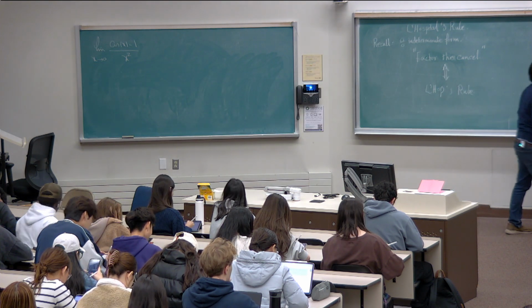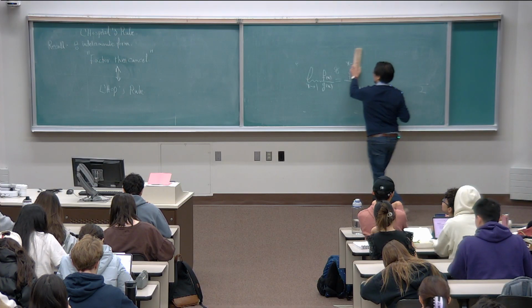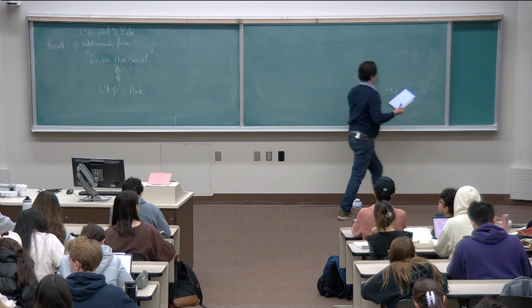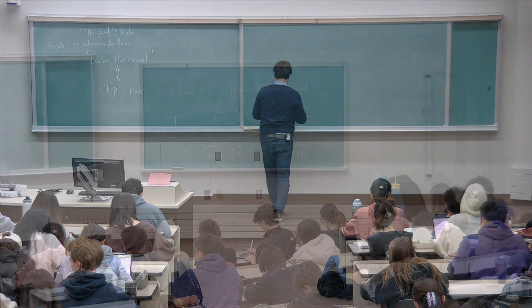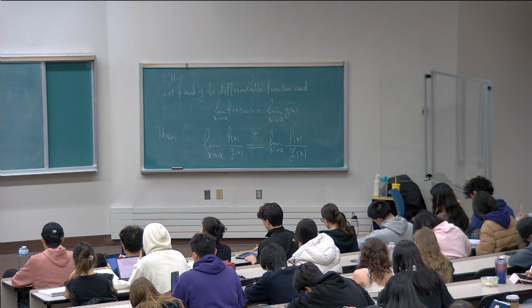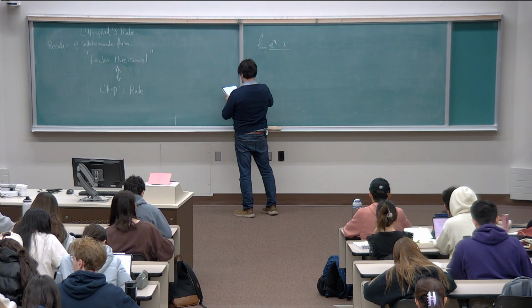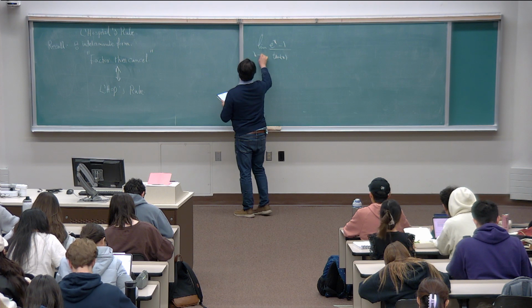And let me erase this one. I don't need this anymore. And the limit of e to the power x minus 1 over tan x as x again goes to 0.